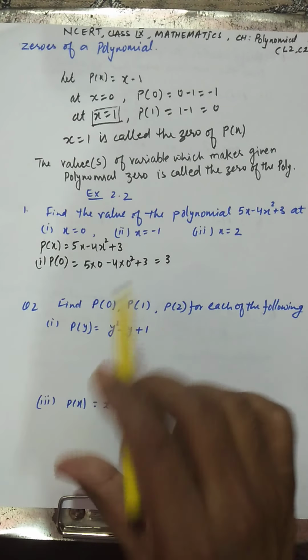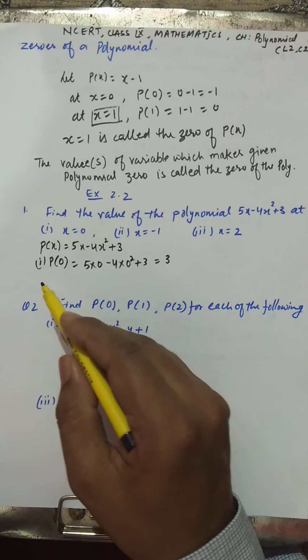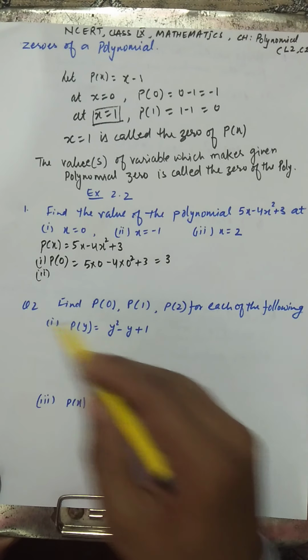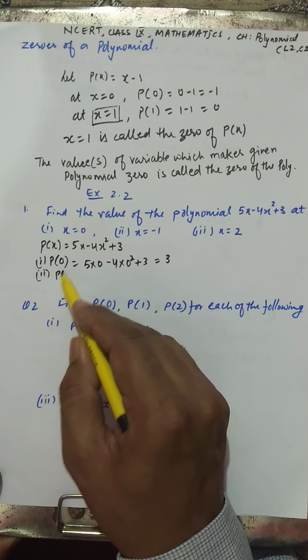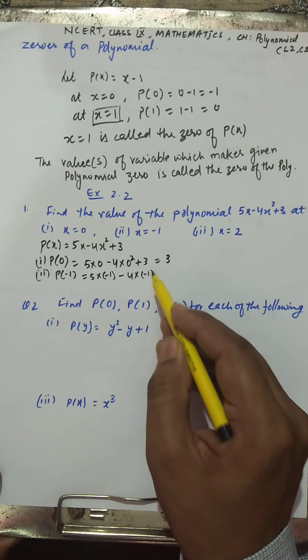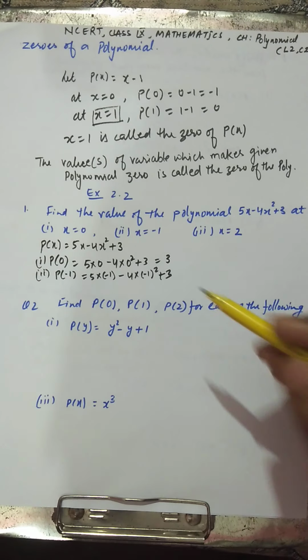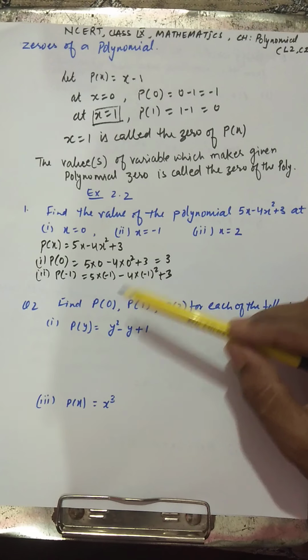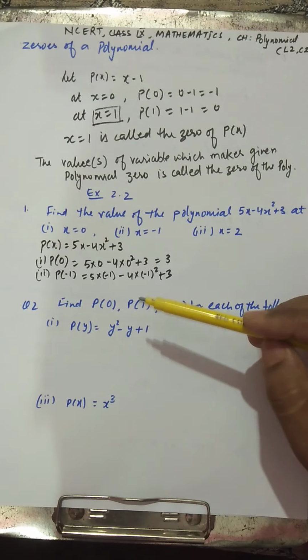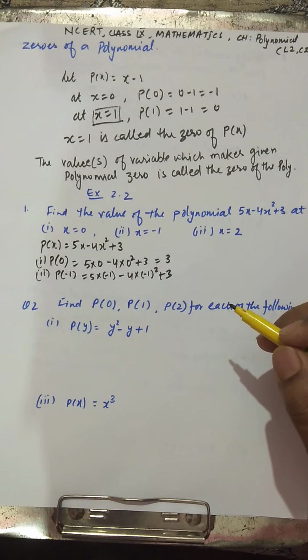Here you can also say that 0 is not a zero of the polynomial. Second, x equal to minus 1. Put x equal to minus 1: 5 into minus 1 minus 4 into minus 1 square plus 3. Please remember, whenever there is a negative number, put brackets so that plus minus mistakes will not occur.